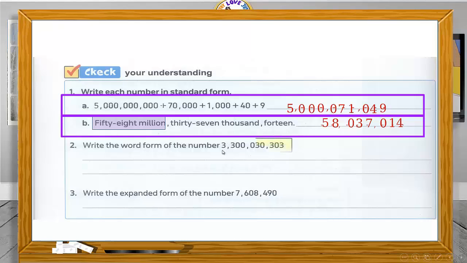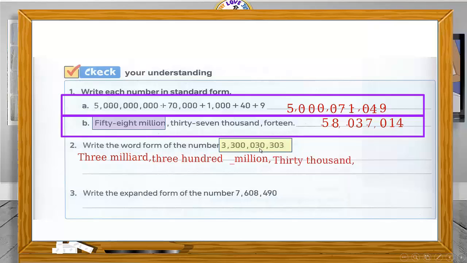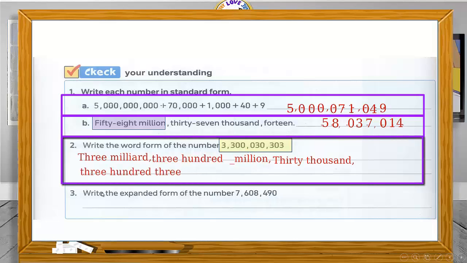Yes, right? 3 milliard. Next, 300 million. Right, 300 million. 30,000. Right, 30,000. 303. Finished. Okay, so easy if you read each period.